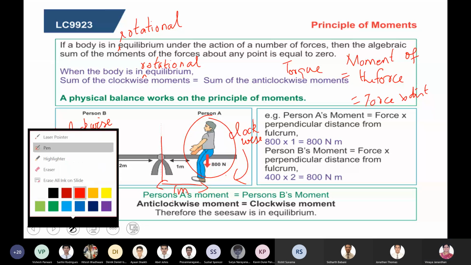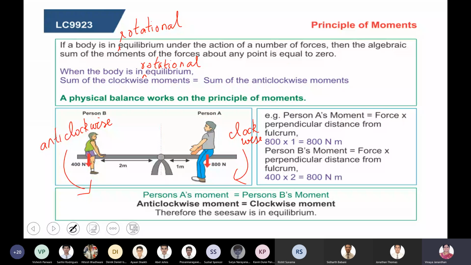What is clockwise? This is clockwise moment. What is clockwise moment? Force into the distance. What is anti-clockwise moment here? Same way, force into distance. So what is the force applied in this case, clockwise? 800.